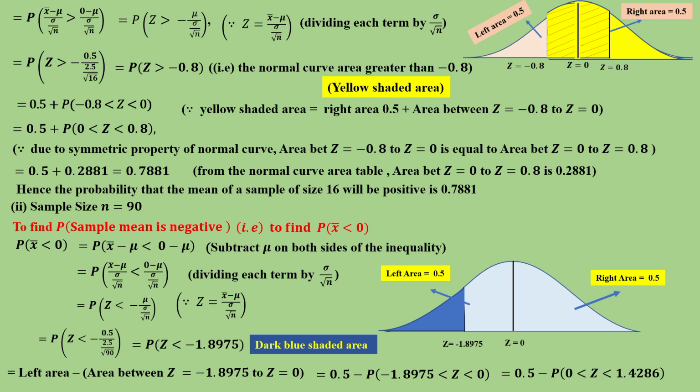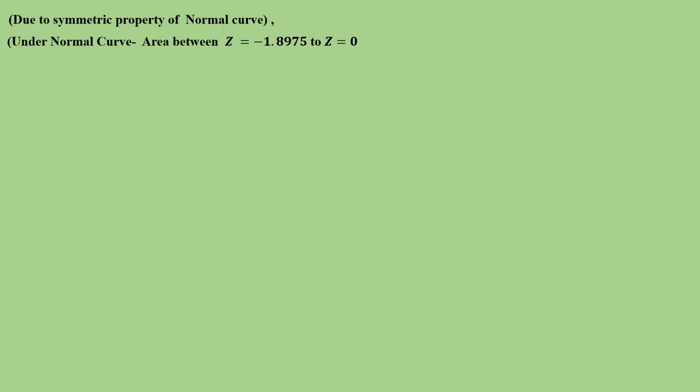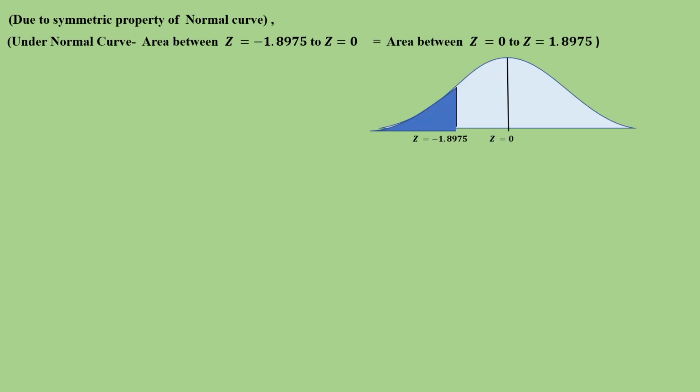That is the same as the positive area, probability of 0 less than Z less than 1.8975. Not 1.8775, that is wrong, so rewrite it as 1.8975. Both are equal.